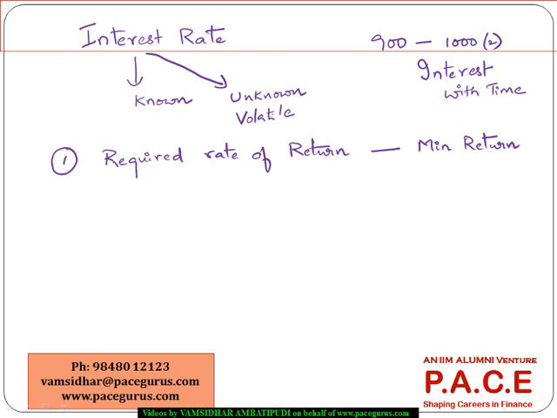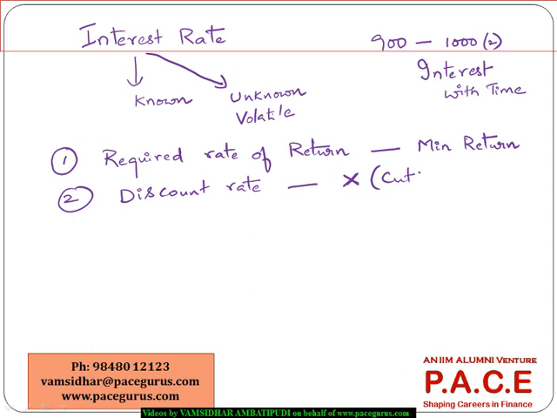And the second way I look at it is the discount rate. When I use the word discount rate, if I am going to get some X in future, by what rate I should discount it? What should be the cut that I can really accept?